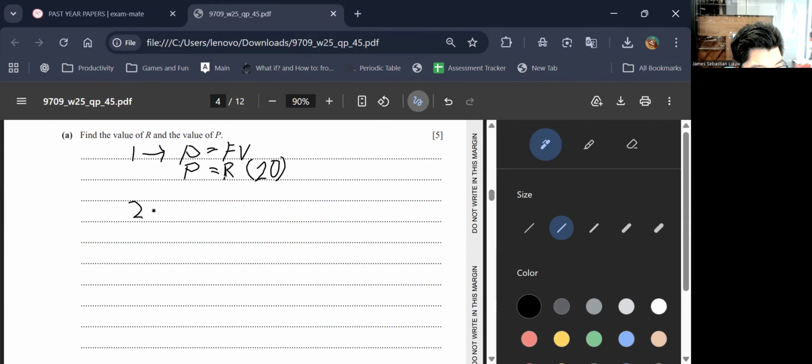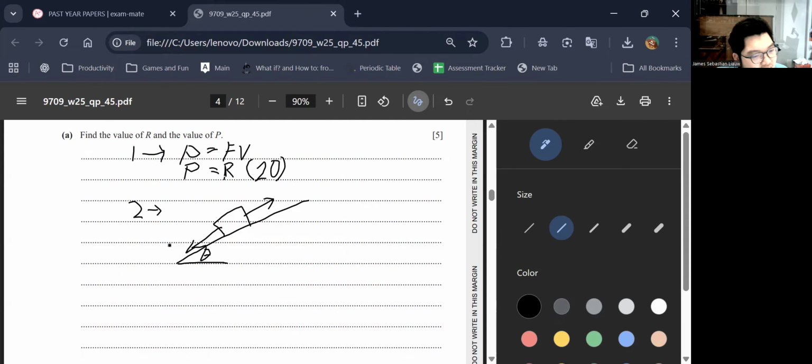For case 2, if we were to draw the free body diagram, this is your angle theta. You have the car like this. The car moves up. What are the forces counteracting this motion up?